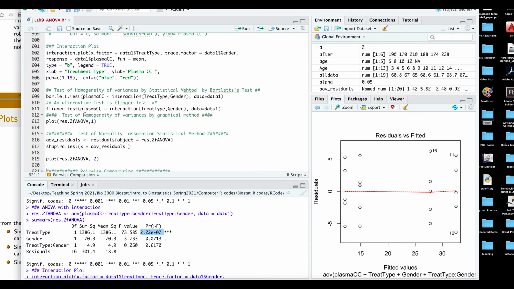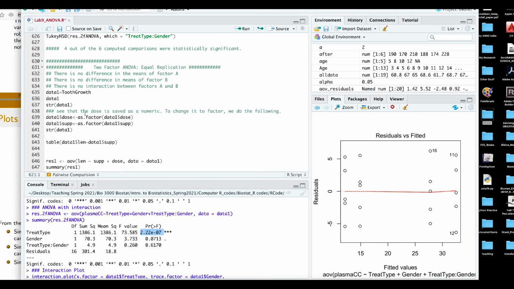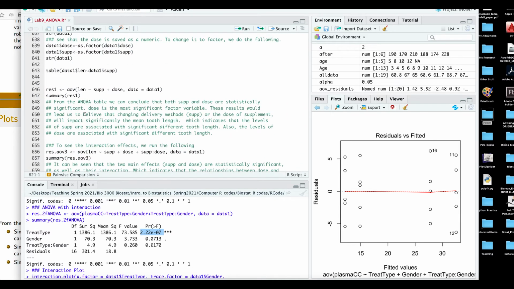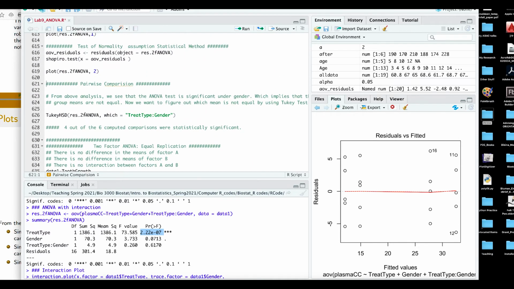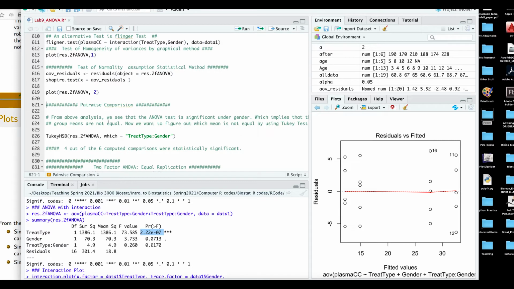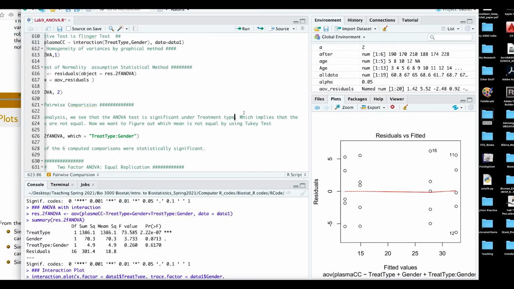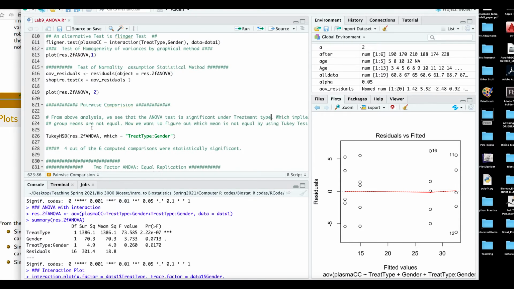So I should make a little correction there. From the above analysis, we see that under treatment type, which implies that the group means are not equal.